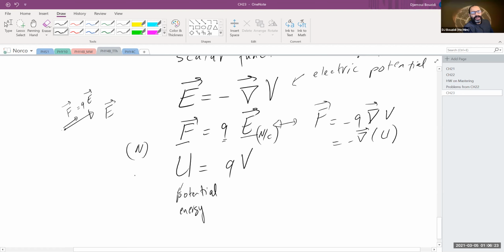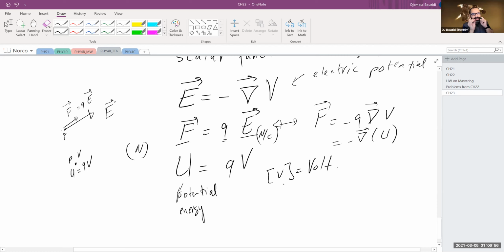On the other hand, if I have a potential at this point, it's not a vector, it's just a number, like 12 volts or 17 volts. I actually have energy in this case, and this energy is this many joules. It's not a vector, and it's the same point P in space. The units for V is the volt. So this is the challenge that we are trying to resolve.